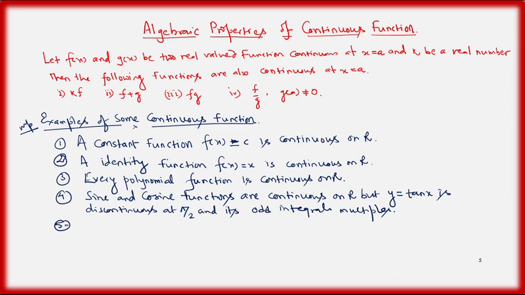Similarly, number 5, the function e to the power x is continuous on R and ln x is continuous on positive real numbers only. Check yourself why.